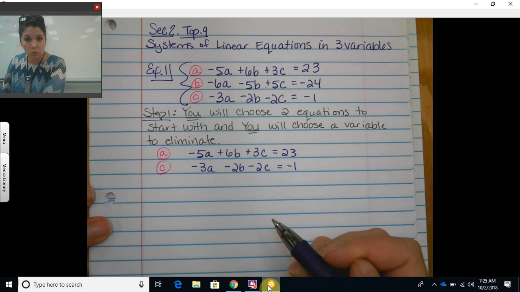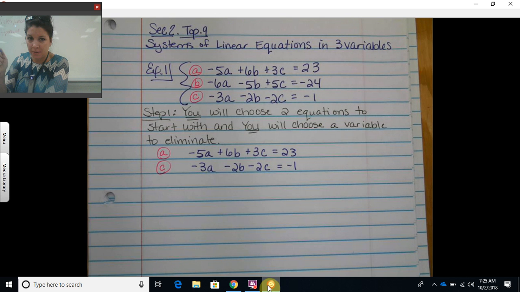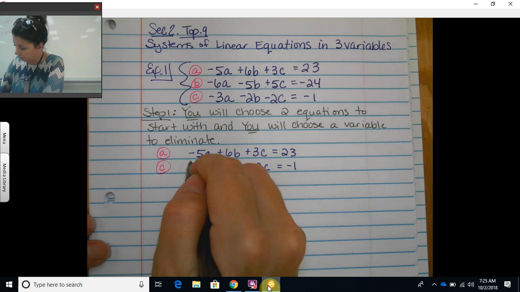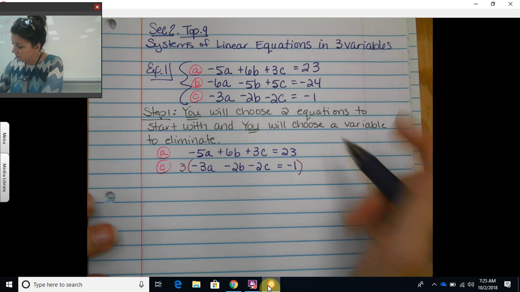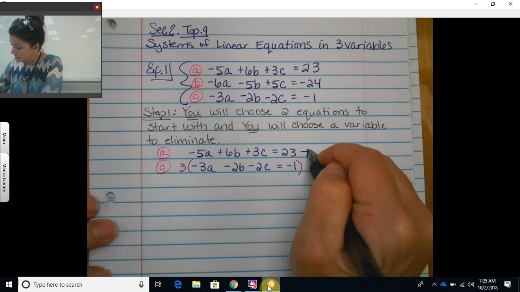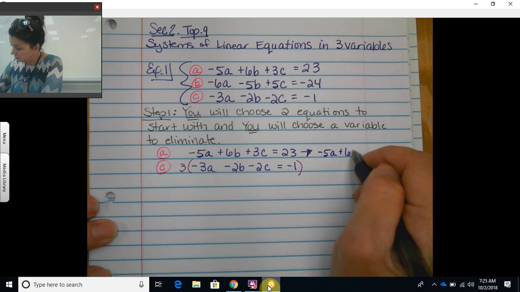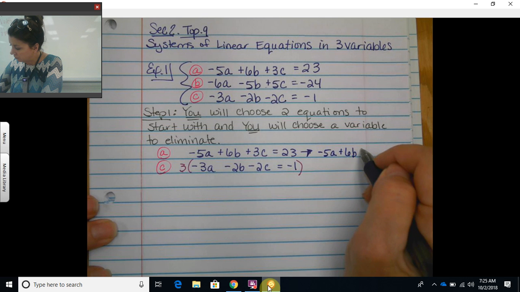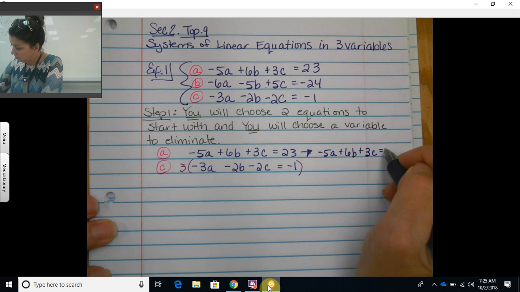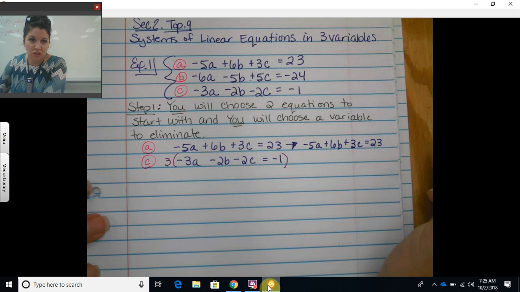And we are going to eliminate the b's, which means we will have to multiply that bottom equation by positive 3. And the top equation, I don't have to multiply by anything, so I'm just going to rewrite it. And then the bottom equation, I'll distribute the 3 to every single term, even on the other side of the equal sign.